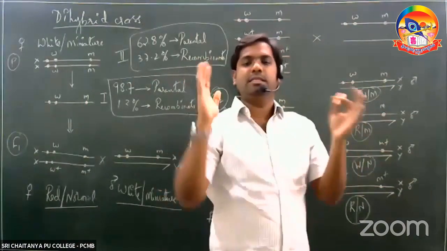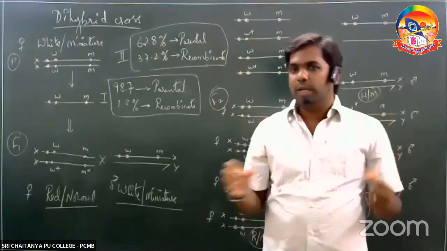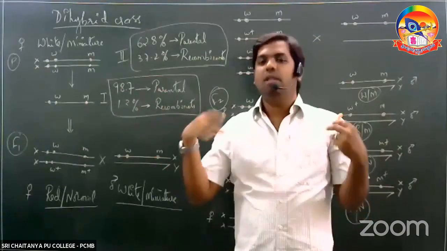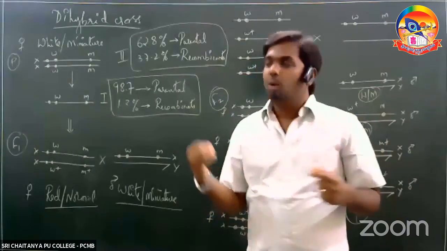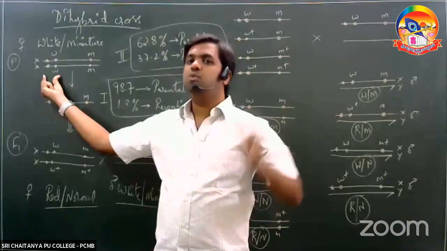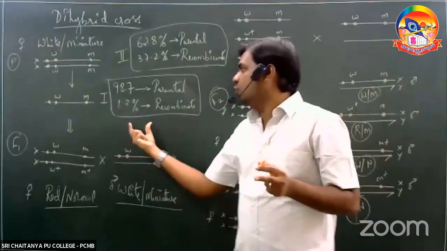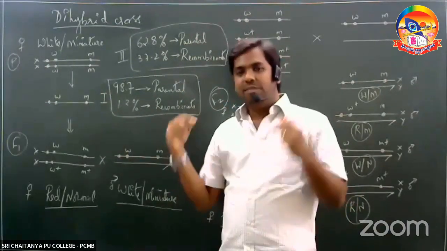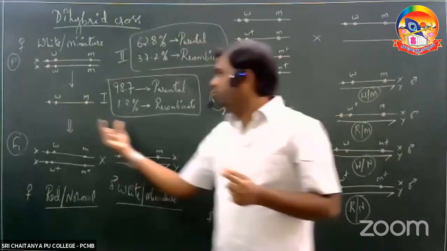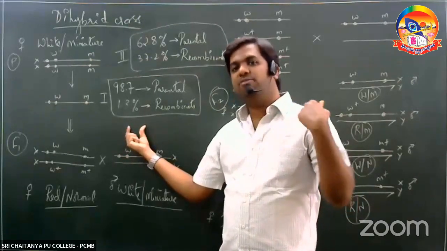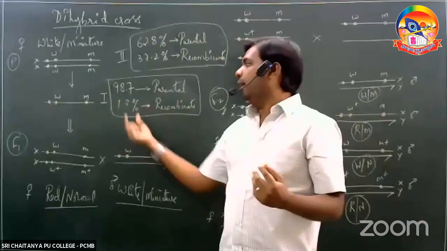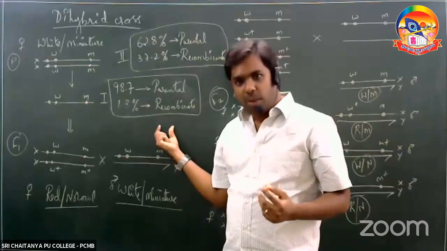there is some sort of relation between the extent of recombination, that is the number of recombinants formed, and the distance between the two genes. If the distance between the two genes was less, as in the case of the first cross, more were of the parental types, that is 98.7% were parental types and only 1.3% were recombinants.